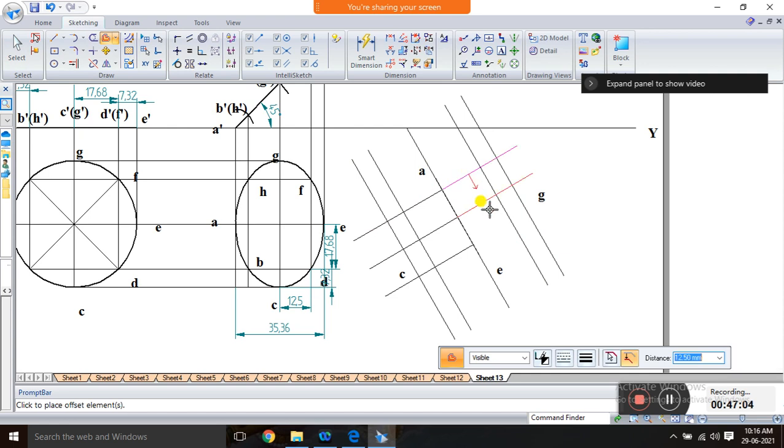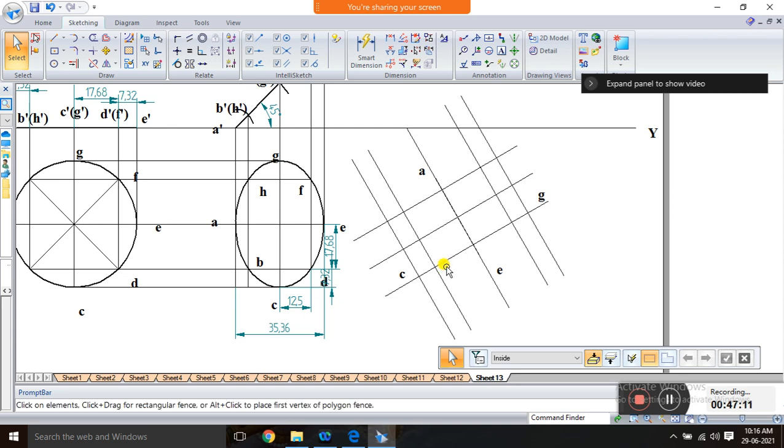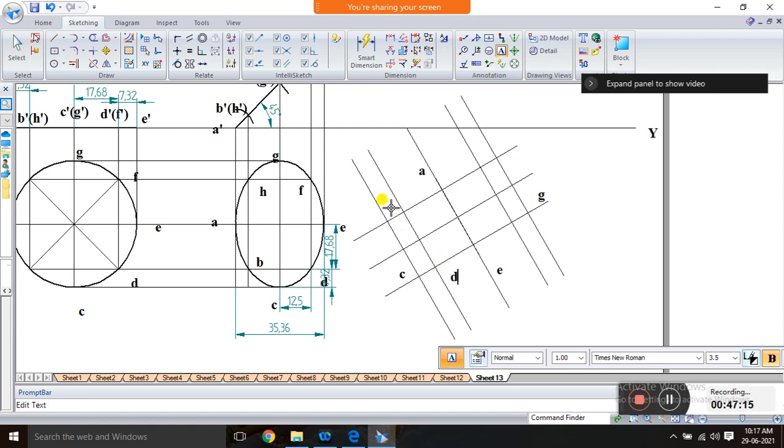So just use your scale roller and place it, and this intersection point you can call D, and this is B, and this one is H and this one is F. Okay, so now we got all the points.